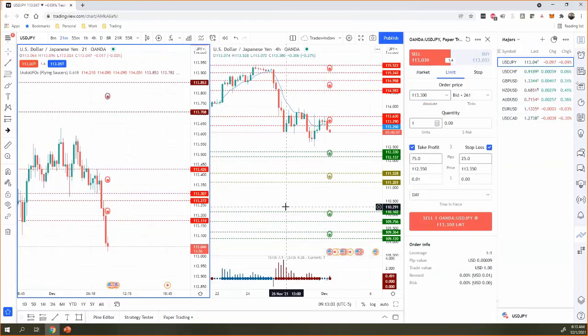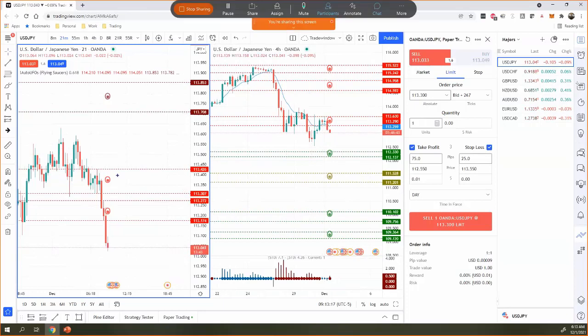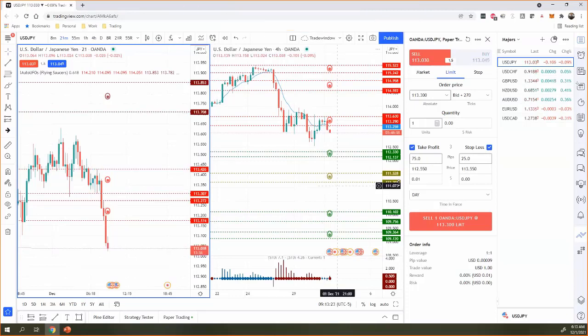For stops, I only use one stop, so I don't try to let something else play out further. The stop goes, because we're going short, right above the UFO here. So right now we see that this UFO that we're executing on, which is this one right here, ends at 113,426. So we're going to go ahead and put that in.